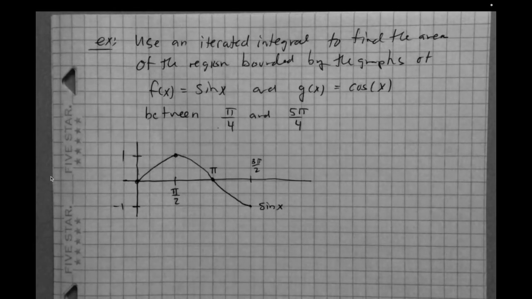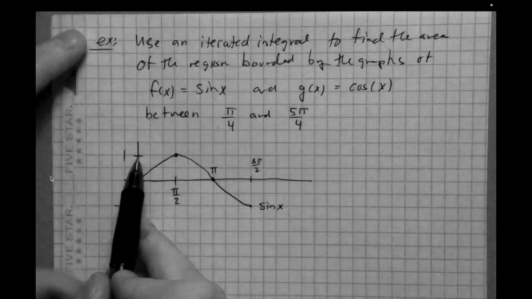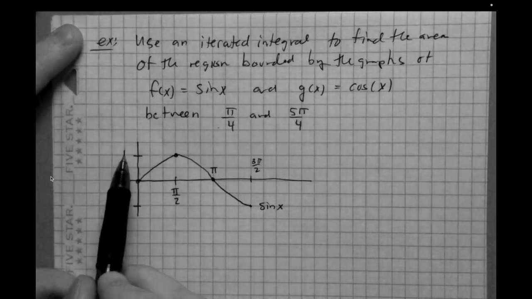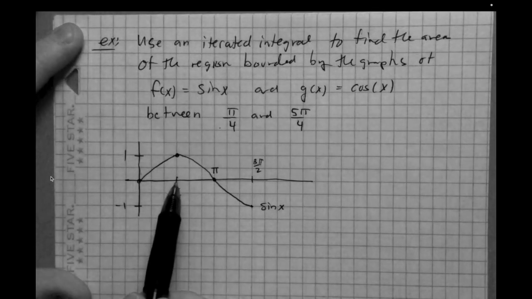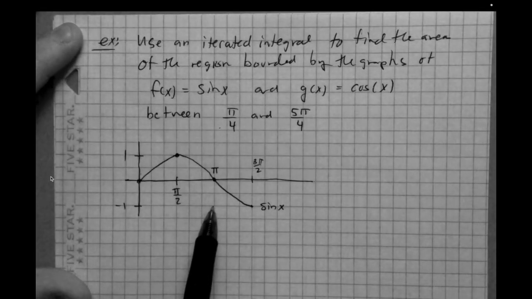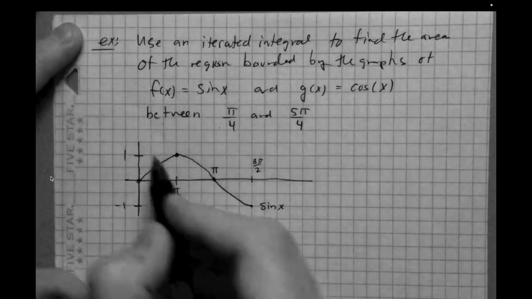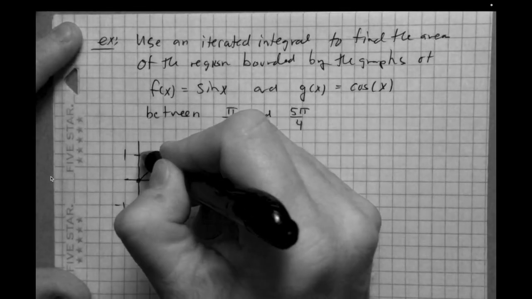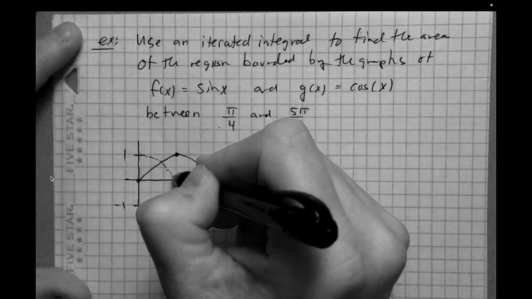Now the cosine of x, it's going to start at 1, if you remember from your trigonometry, and it's going to go down and hit a minimum at pi. So it's going to be a minimum over here at -1. It starts up here, and I'll do this in dashed lines so you can tell the difference between them.